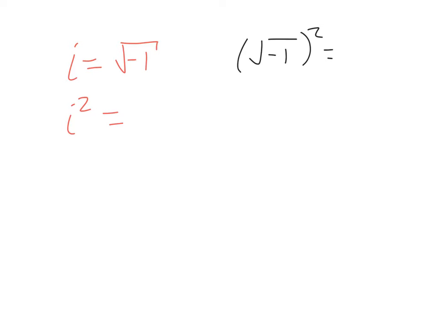When you take radical negative 1 and square it, what do you get? Negative 1. Okay, so then i squared is really -1. And so if we took i squared and multiplied it by i again, we'd get i to the what? To the third.